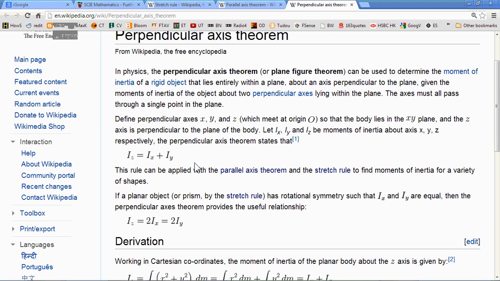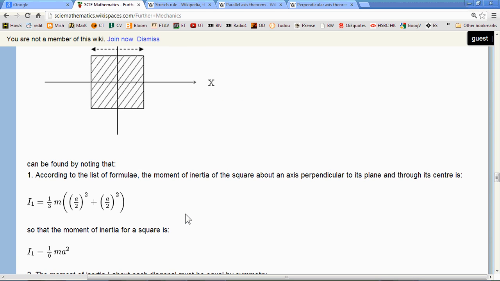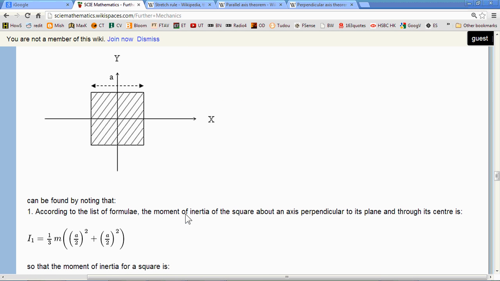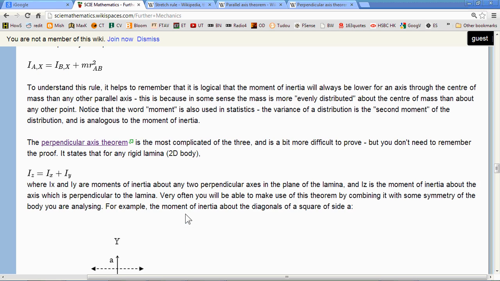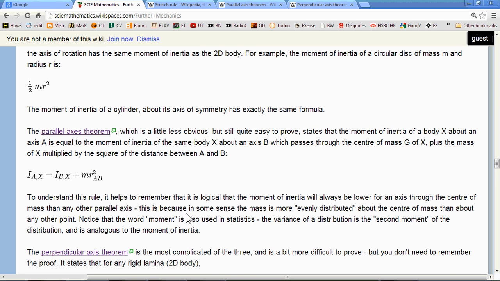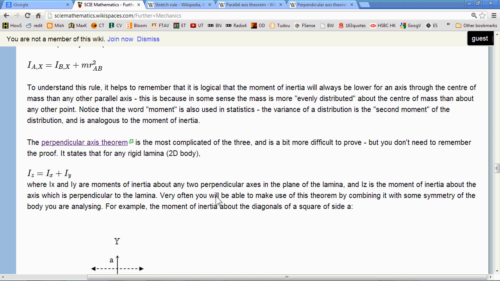Actually, there's very few notes here. Anyway, that's the theorem. So these two theorems are very useful. Especially, I think the parallel axis theorem is used very, very often in CIE questions. Perpendicular less so, but you definitely need to know it.